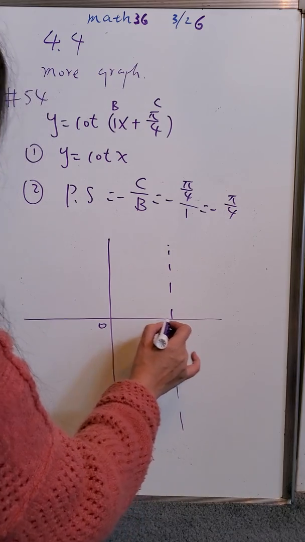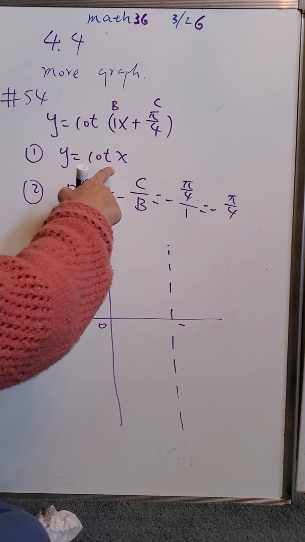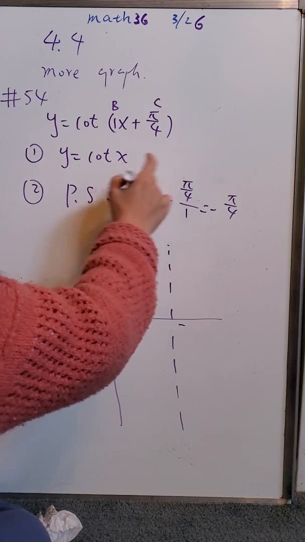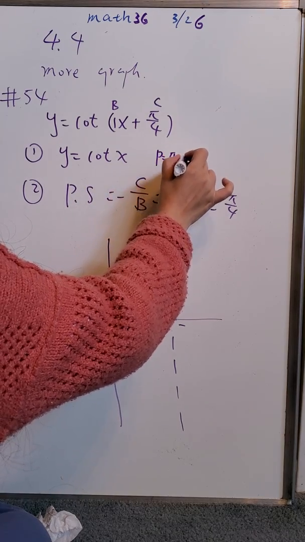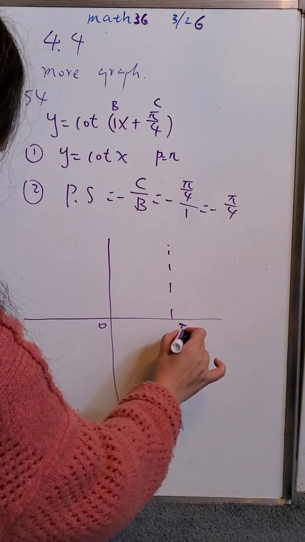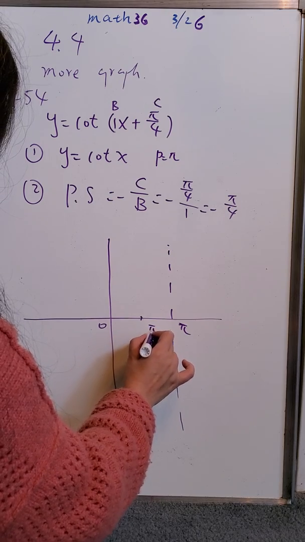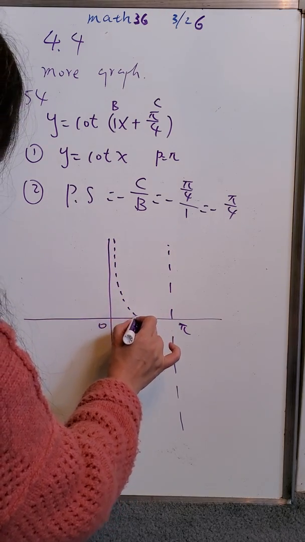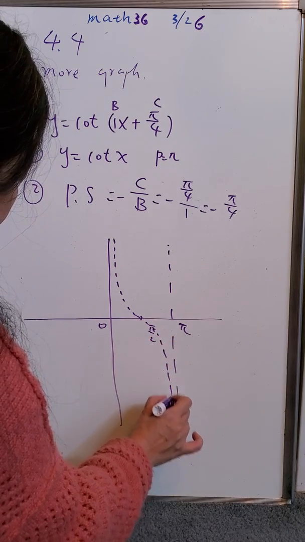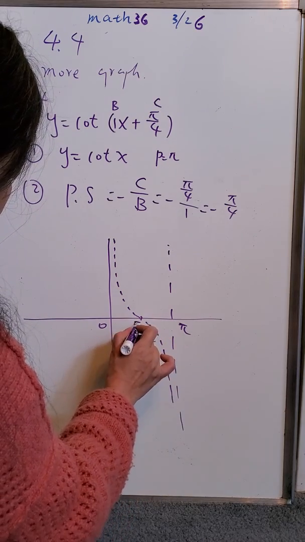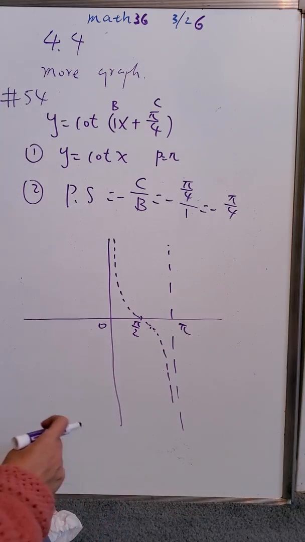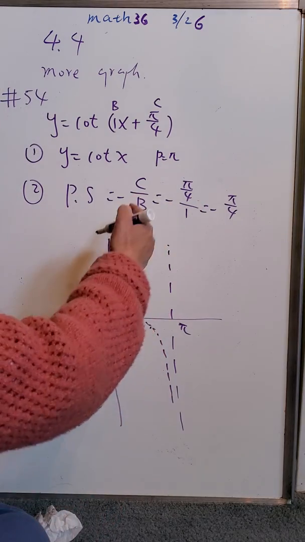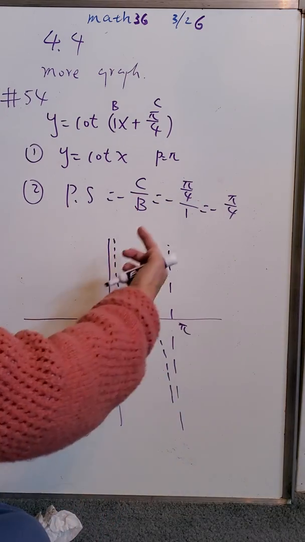Because this is a standard graph, the period is equal to pi. So this is pi, and this is pi over 2, and the graph is going to be like this. Now that's not your final graph, so I'm going to use a broken line. Now you're going to shift by negative pi over 4, which means it's going in this direction by pi over 4 units.